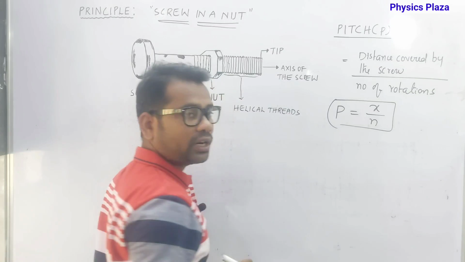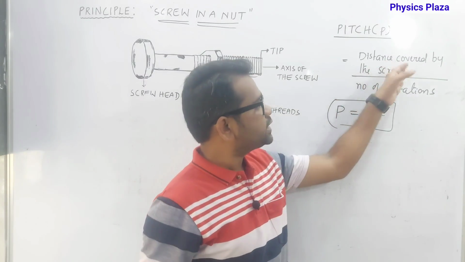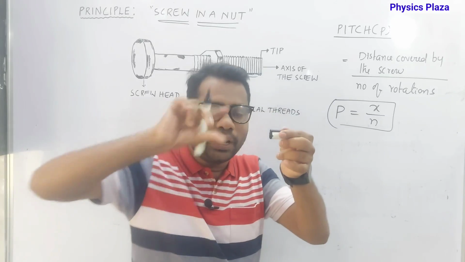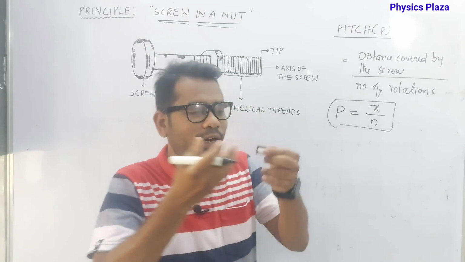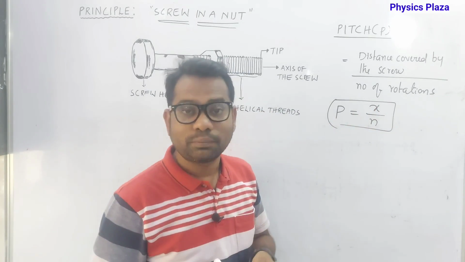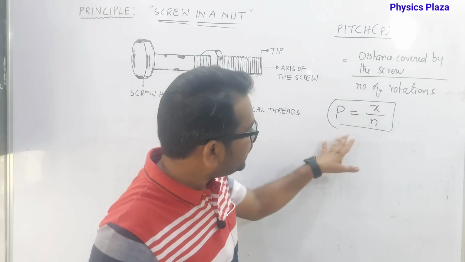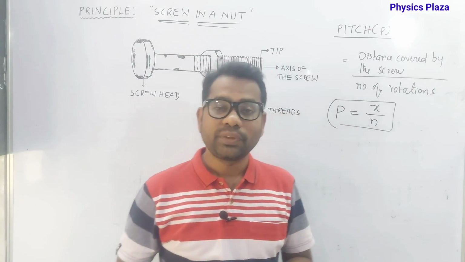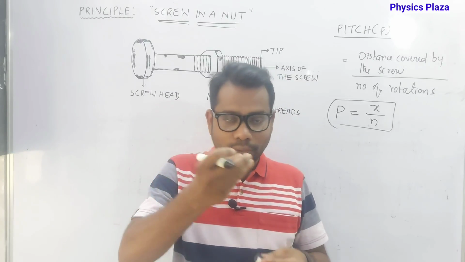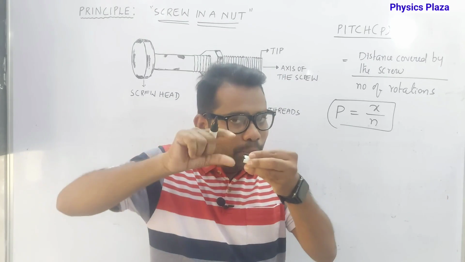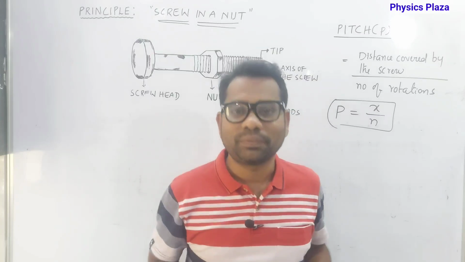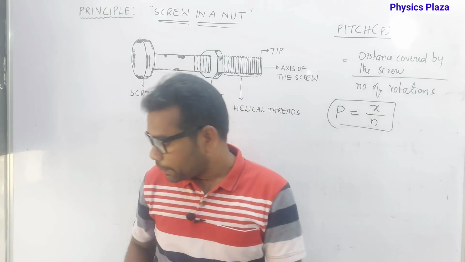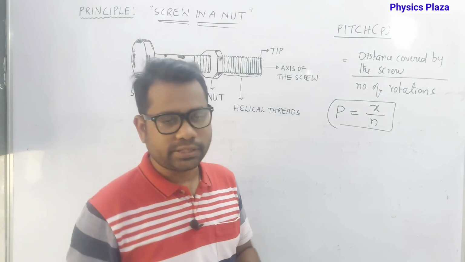How to calculate the pitch? The distance covered by the screw divided by the number of rotations. How many rotations you are making and what is the distance covered by the screw. With the help of this, we can calculate the pitch. Children, what is the pitch definition? The distance traveled by the screw along its length for one complete rotation of its head is called pitch.